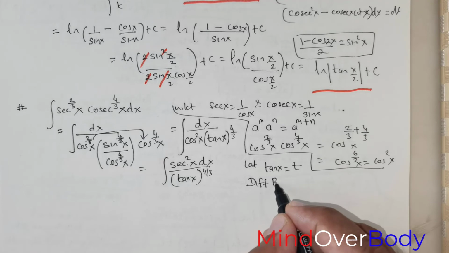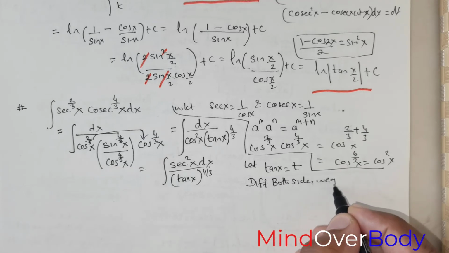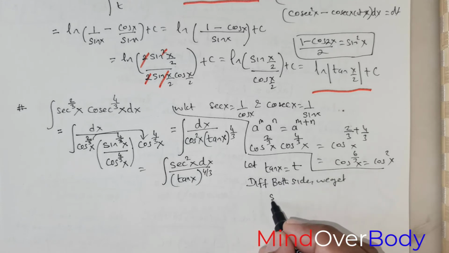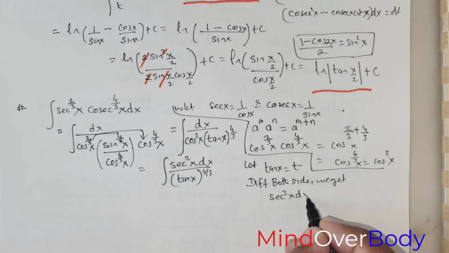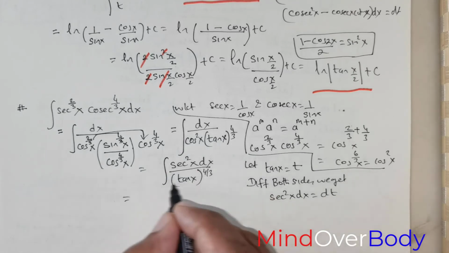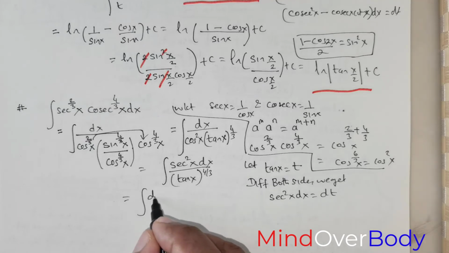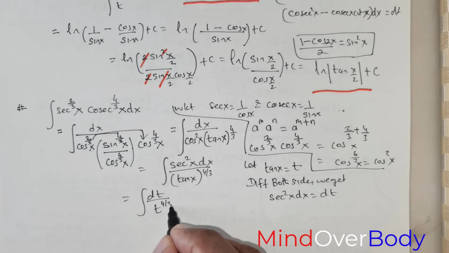Differentiating both sides, we get the differentiation of tan x is secant squared x dx, the differentiation of t is dt. So this is going to be rewritten as integral, in place of secant squared x dx, I am going to substitute dt. In place of tan x is going to be t, but there is a 4 over 3 there.